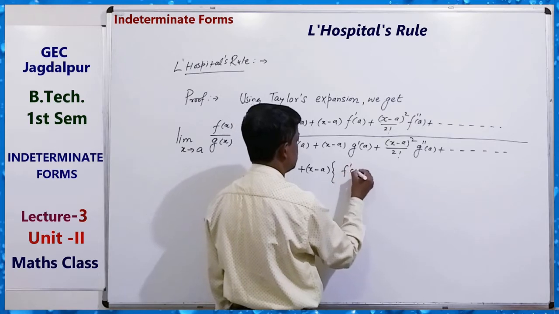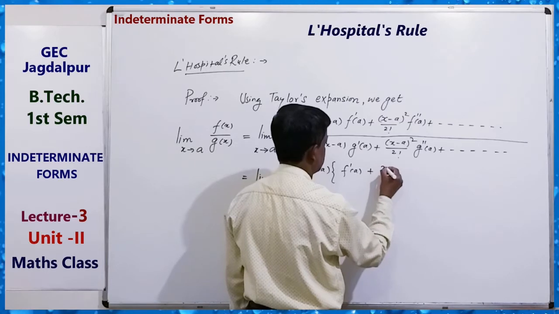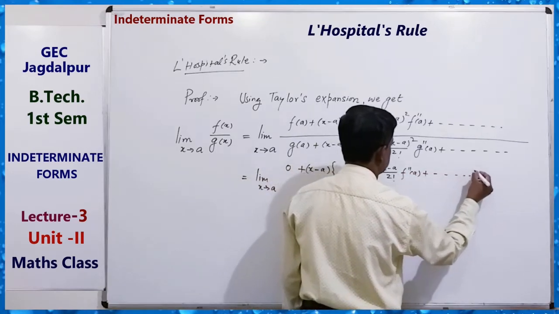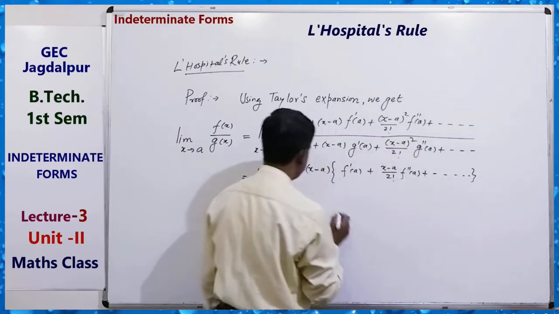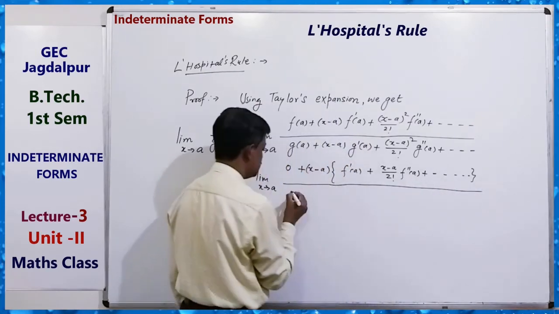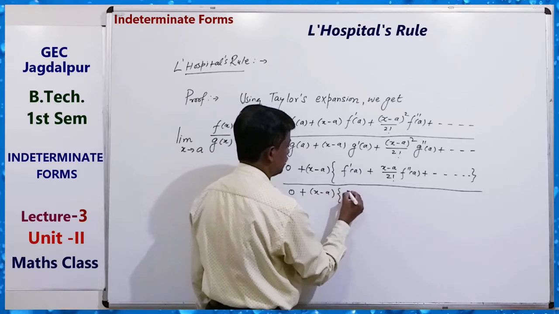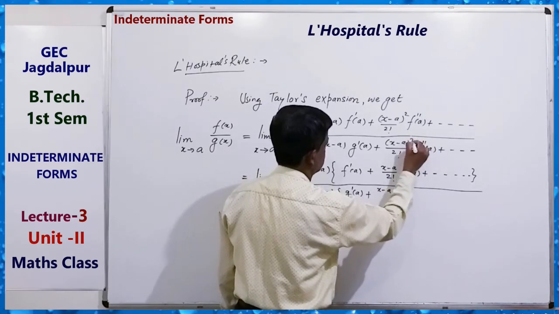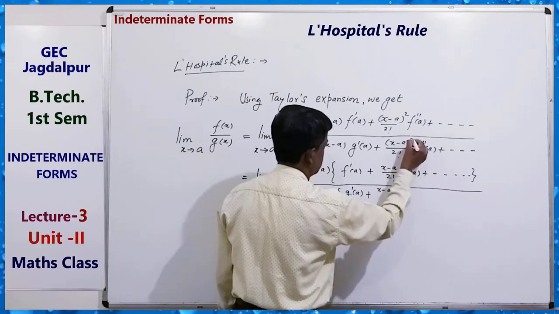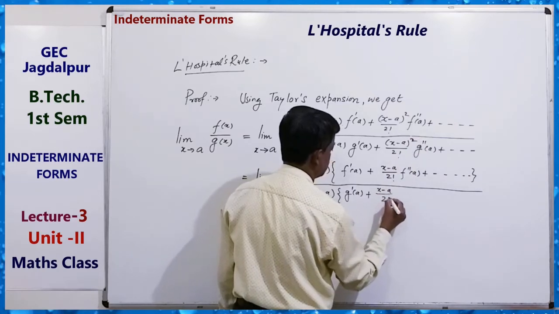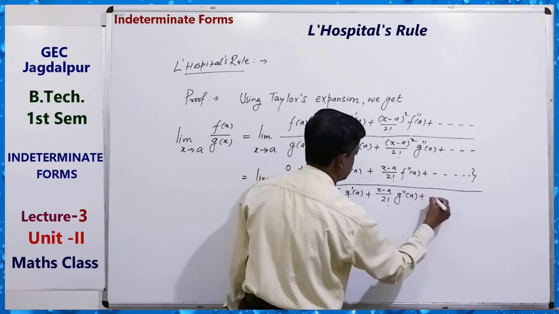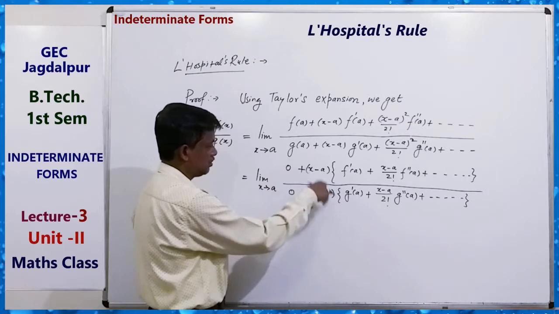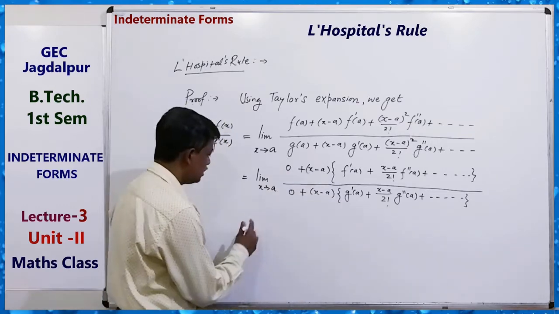So we get f dash a plus x minus a upon 2 factorial f double dash a, and so on, divided by 0 plus x minus a common, g dash a plus x minus a upon 2 factorial g double dash a, and so on. Here x minus a we can cancel out, because x is not equal to a, x is only tending to a.